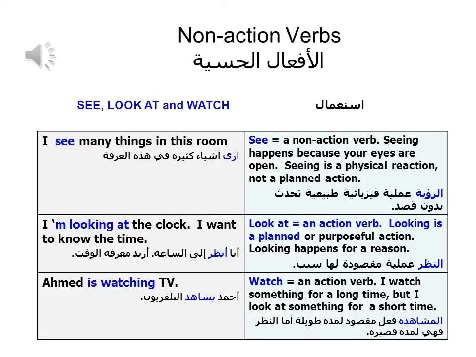An example for see is: I see many things in this room. Now see here is a non-action verb. Seeing happens because your eyes are open. Seeing is a physical reaction, not a planned action.